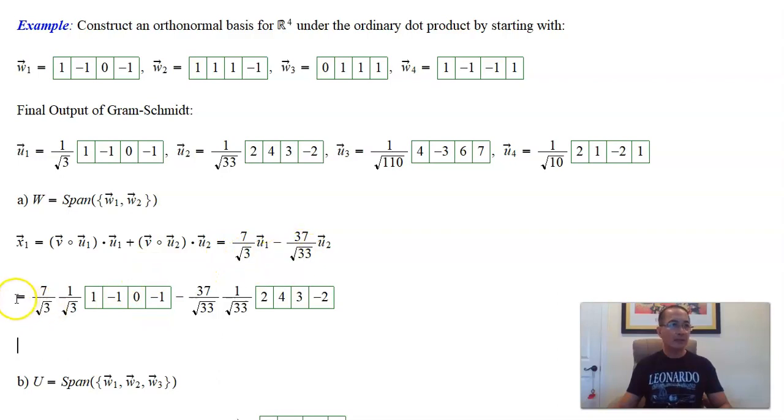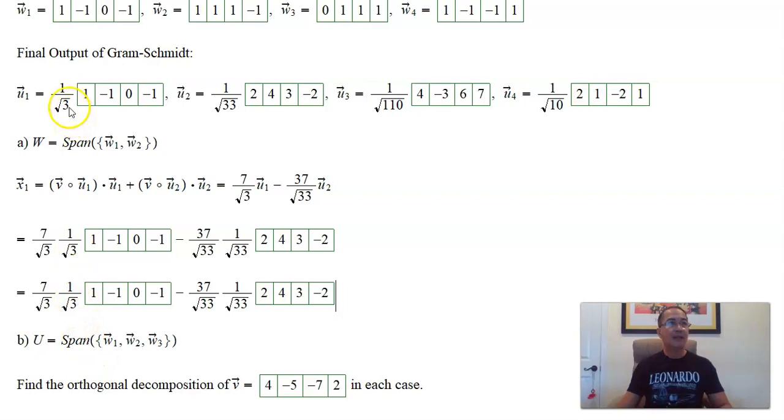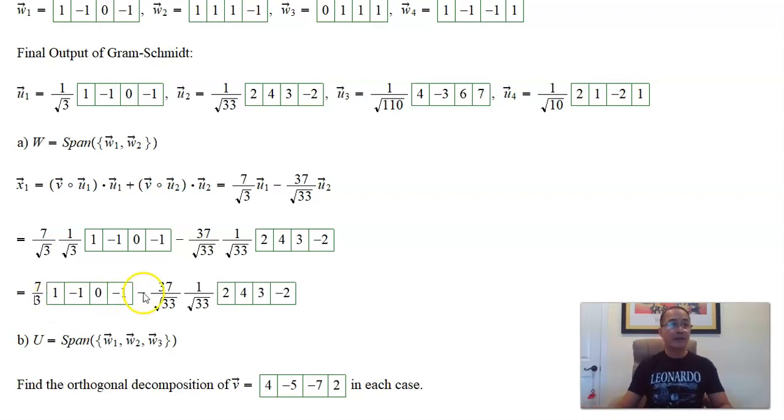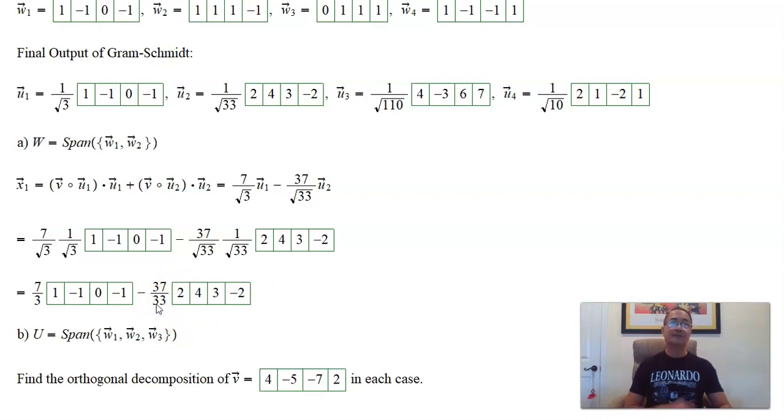Those square roots are important because they will neutralize these square roots that appear in u1 and u2. So that's no longer square root of 3, that's just 3. That's no longer square root of 33, that's just 33. Okay, so that should be our x1.